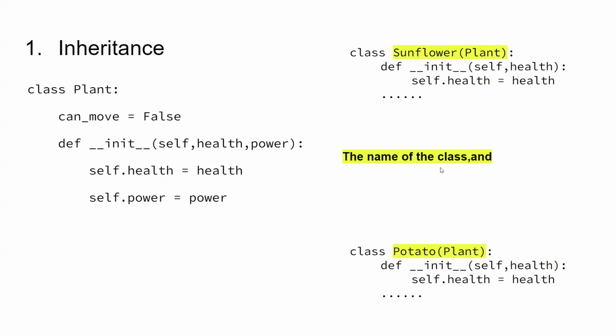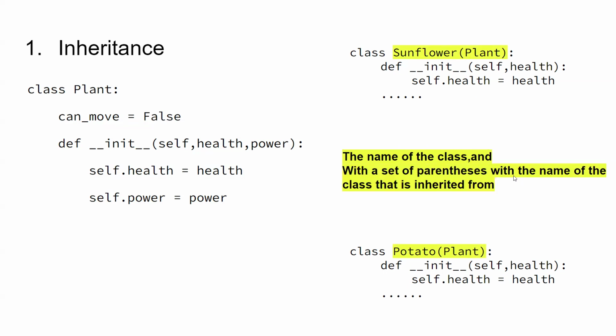The name of the class, and also a set of parentheses. Inside the parentheses, you want to say, what is the parent class of this class? Obviously this class is a child class, and you want to find out who its parents are.